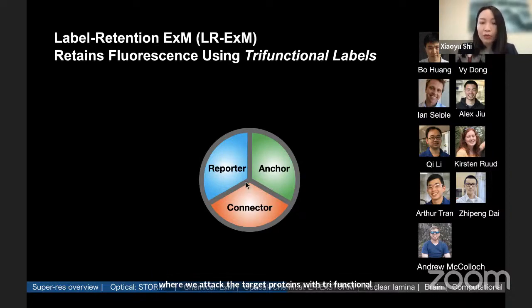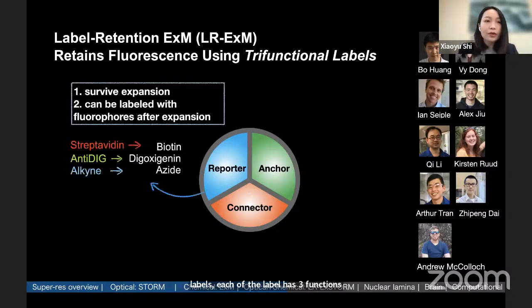The first one is the reporter. So a reporter is a small molecule, biotin or digoxigenin or azide. So these small molecules can survive the polymerization, which means the free radicals don't quench them or change their structure. And another thing is these small molecules can be labeled with fluorophores after expansion.